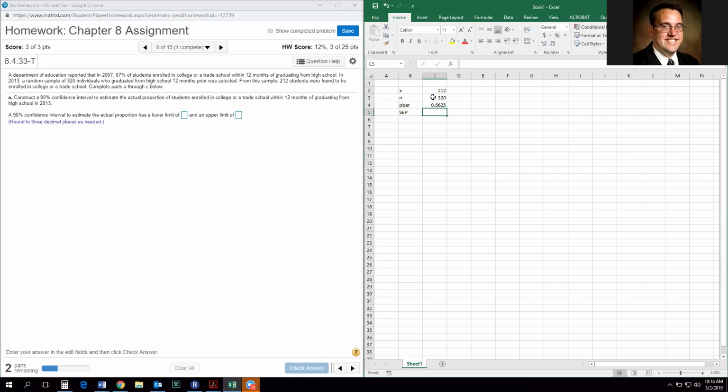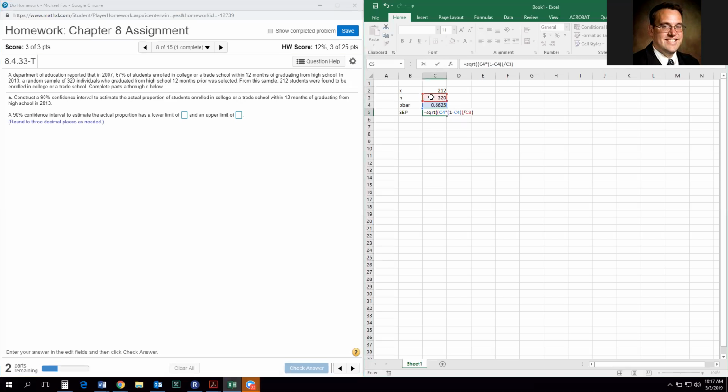And to find that, it's the square root of our sample proportion times 1 minus the sample proportion, divided by n.